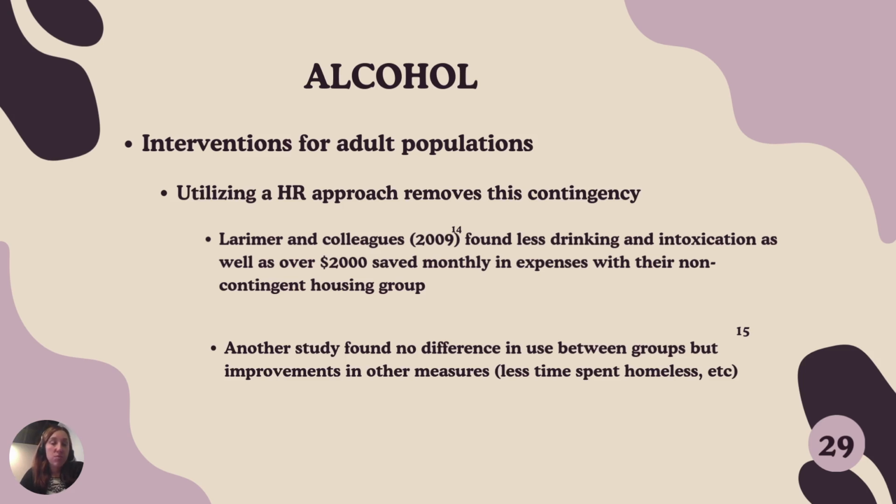They studied two groups: one where the participants' housing was contingent upon abstinence, and one that was not. They found that the non-contingent group actually drank less, were intoxicated less, and saved some money in their monthly expenses. Yet in contrast, another study found no difference in use between the two groups, but improvements in other measures.